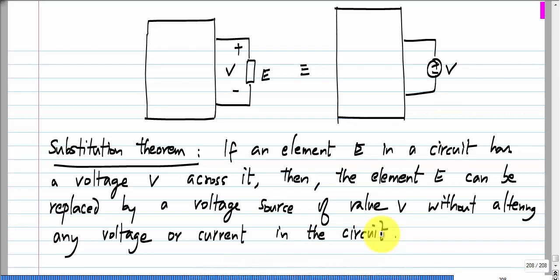Okay. So, this is another variant of substitution theorem, where you substitute the element with a voltage source instead of a current source.